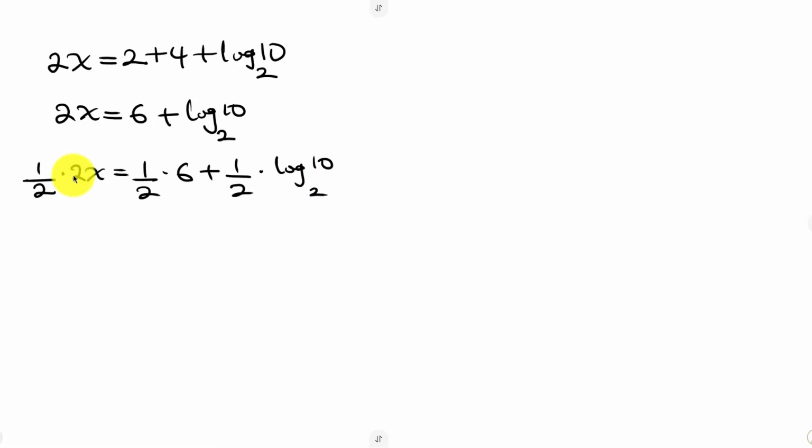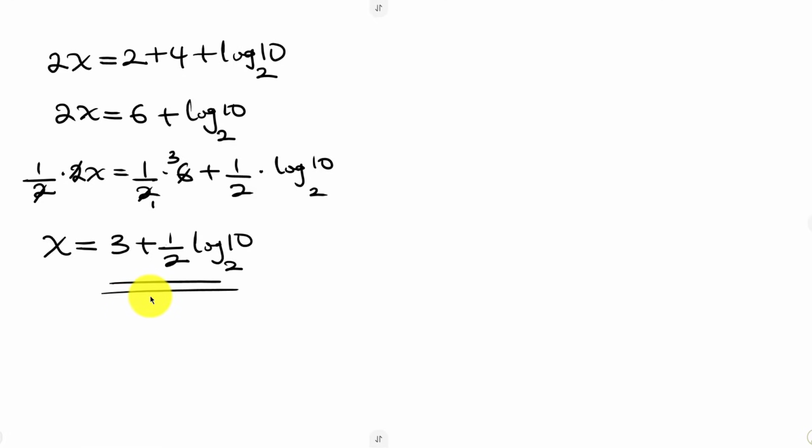Now see that this 2 cancels out this 2. 1 times x, that is x, equal to, now see that 2 here 1, 2 here will be 3. So 1 times 3 is 3. Plus 1 over 2 times log 10 base 2 is 1 over 2 log 10 base 2. And this is our final answer.